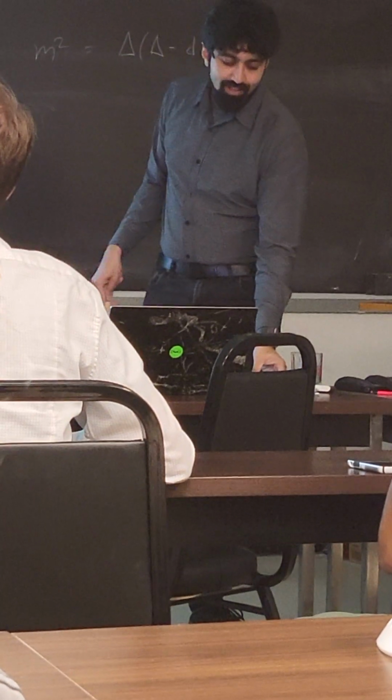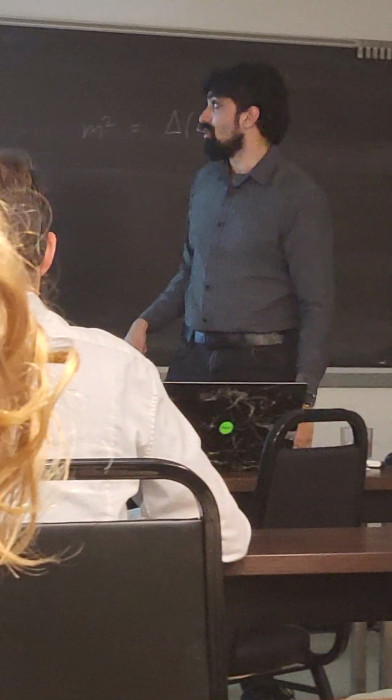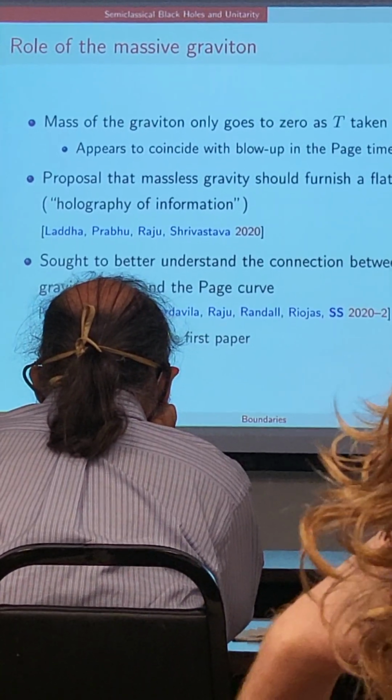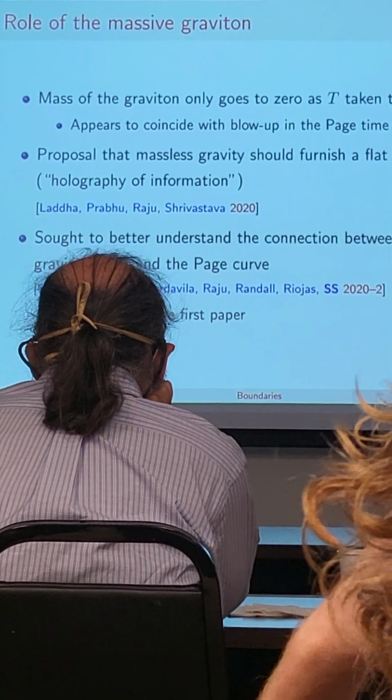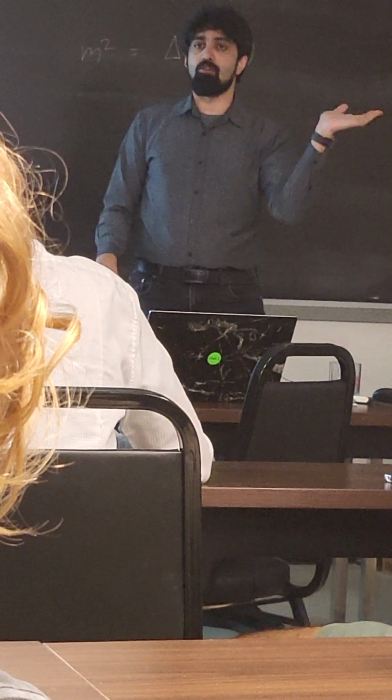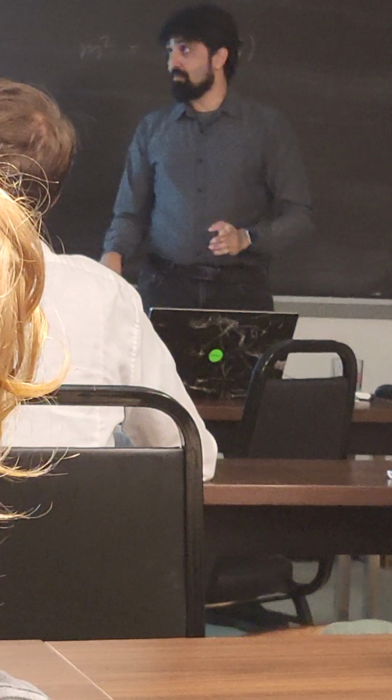Okay, so let's now talk about the role of this massive graviton. In RS, there is a limit in which the mass of the graviton can be taken to be 0. It corresponds to taking that tension T to saturate that critical bound.